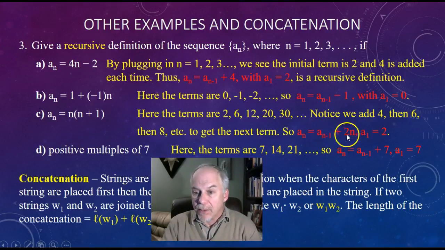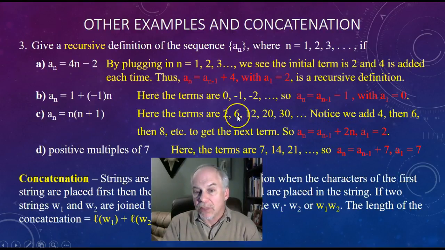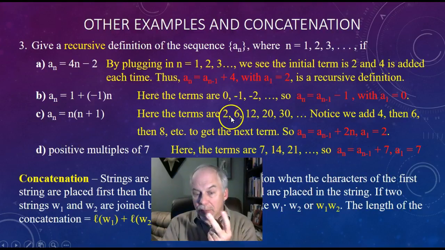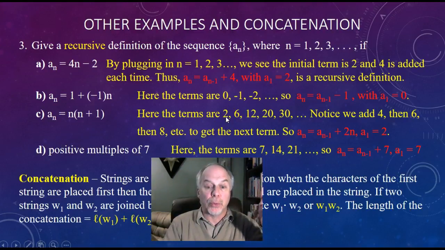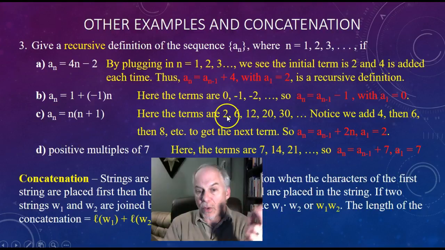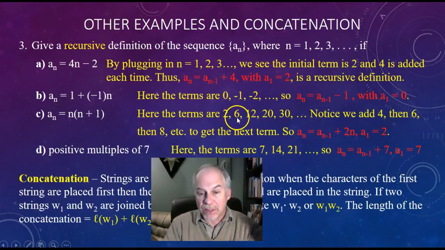And by playing around with this a little bit, I found that all I have to do is just add a plus 2n, because you take the previous term and you add 2 times n. Now, why did that work? Well, when you're looking for the second term, you add 2 plus 2 times 2, because 2 times 2 is 4, so 2 plus 4 gives you the 6.